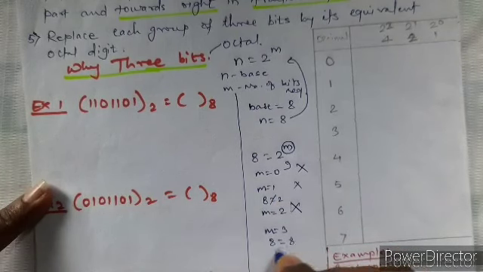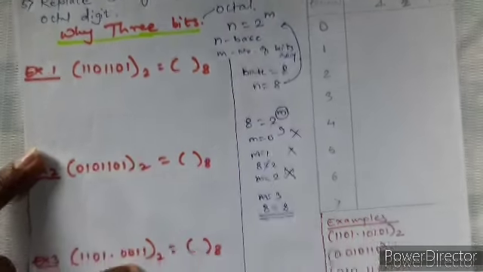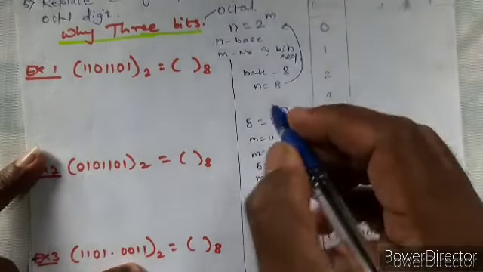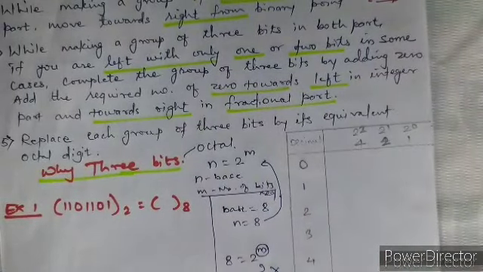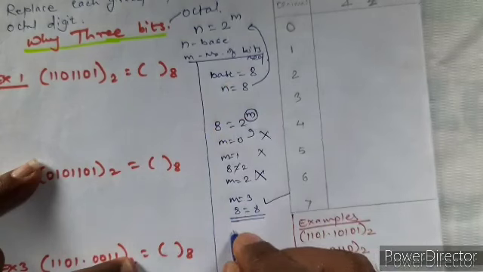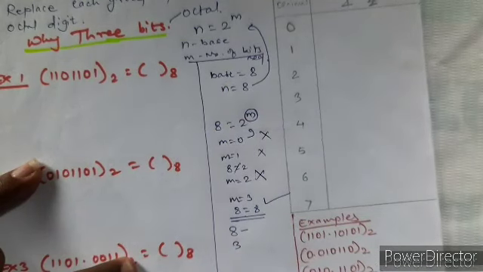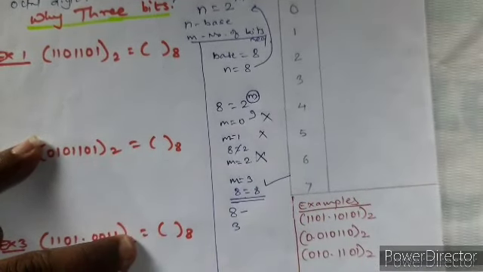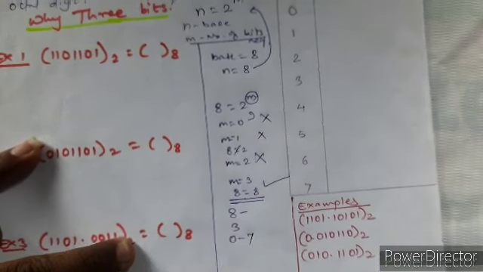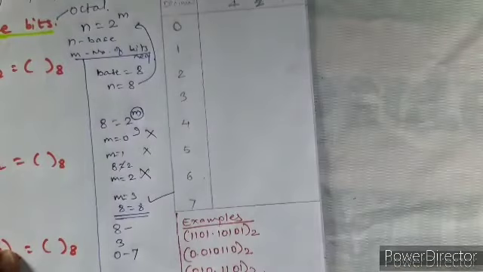Now 8 is equal to 8. Okay, now this satisfies this equation. So as I said, m is the number of bits, right? So for octal, the base is 8. The 3 bits are required to represent the numbers in octal. Now how many numbers do we have in octal? 0 to 7. So that is what I have taken in this table.